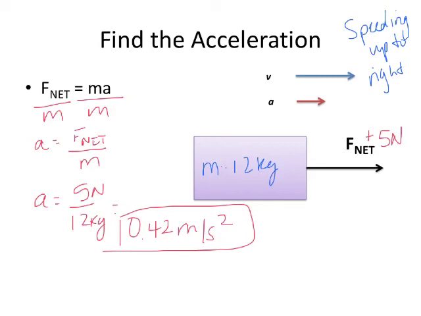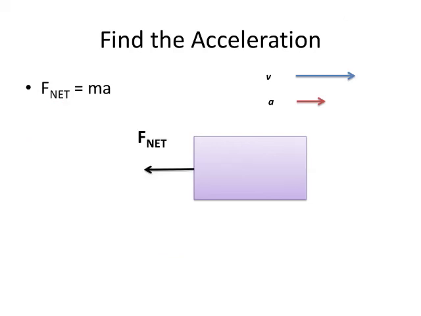So let's look at what happens when we use deceleration. Does this make sense? We ended up with a positive 0.42 because we are speeding up. That's acceleration. Let's see what it looks like when we're slowing down. So we have our net force of negative 5 newtons. Our mass is 12 kilograms still. So those are our two knowns. Same rearrangement to solve for a.